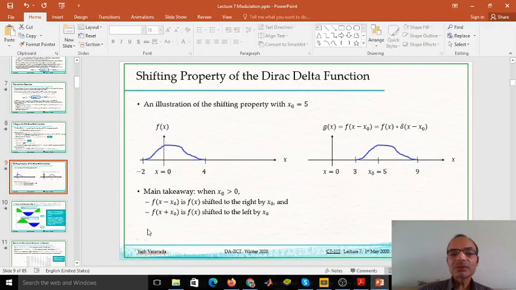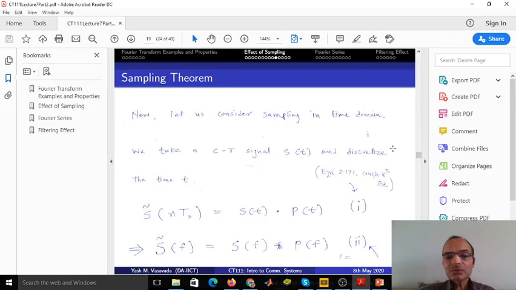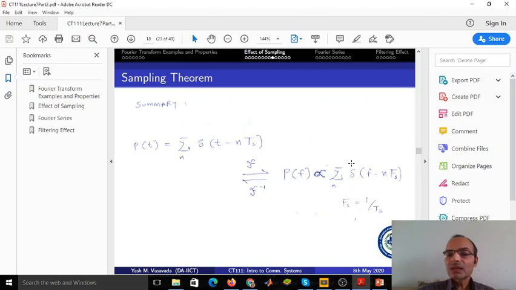Again, we go back to the shifting property, which says that a convolution of a particular function with a Dirac delta shifted by some x naught ends up moving that function over to x naught. And so this S of f gets moved to n times capital F s.